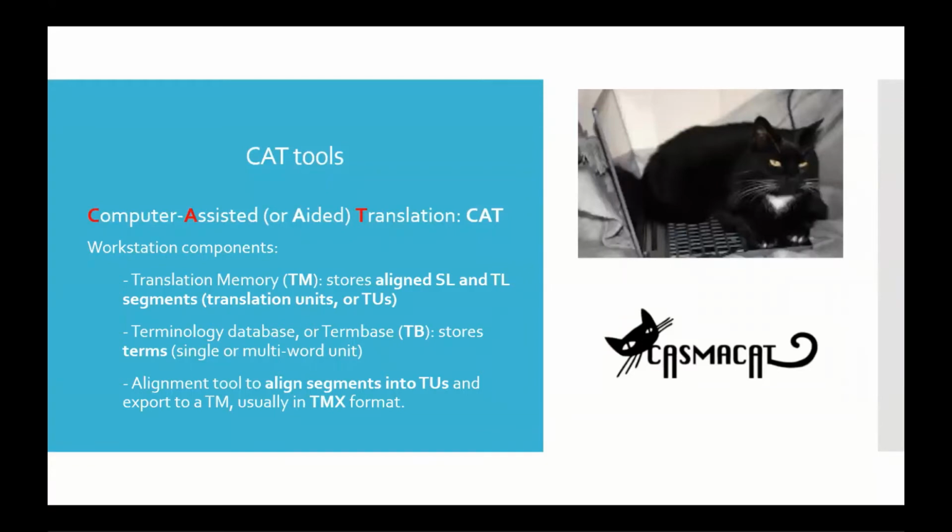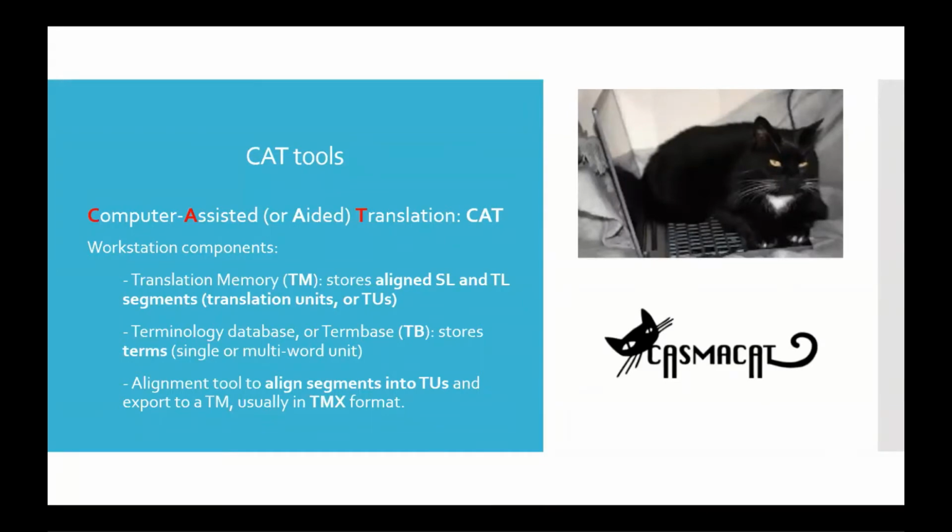The first one I've mentioned already is the translation memory, often abbreviated to TM. And the TM stores translations. It stores source and target sentences, or more correctly, segments.